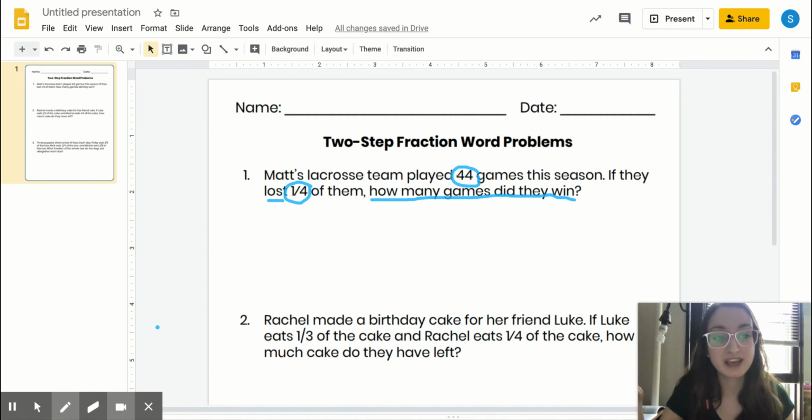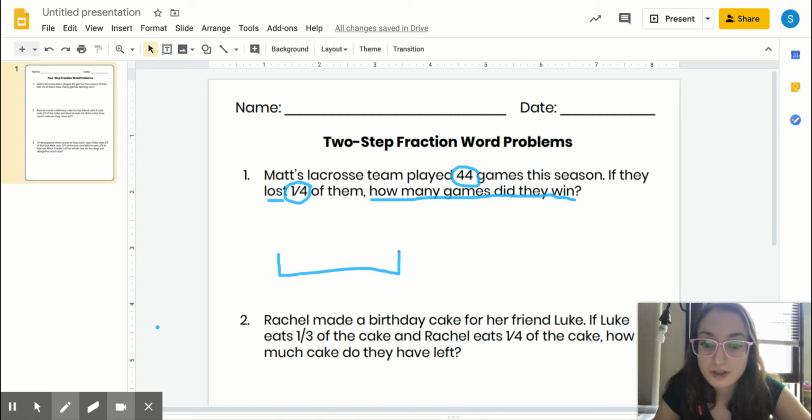So some of the games are going to be games that they won, and some of the games are going to be games that they lost. Those are our only options, right? Win or lose. So we know that there were 44 games altogether. So that's kind of going to be our whole that we're thinking about, 44 games. And we know that 1/4 of them were the ones that they lost.